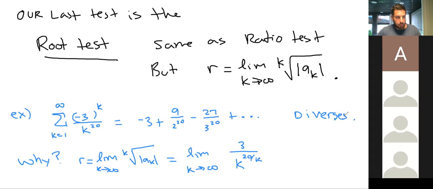Now, I'm going to go to the next page, and I'm going to take this limit, and you're going to have to remember some stuff we learned in Calculus 1. So if I want to take this limit, I have 3 over this.